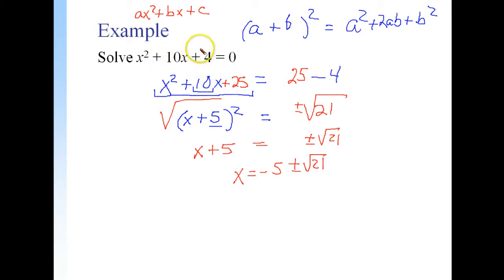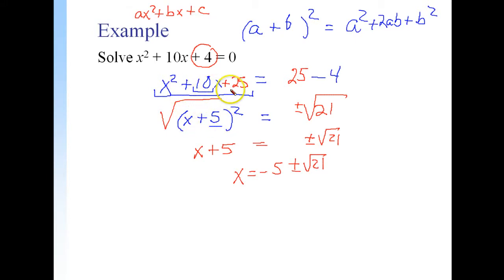It's in standard form. We take the c term, bring it over to the other side. I put my little parentheses because I want to make this a perfect square trinomial that will factor into a binomial square. x goes there, the plus goes there, half of this is 5, and there I have it factored.